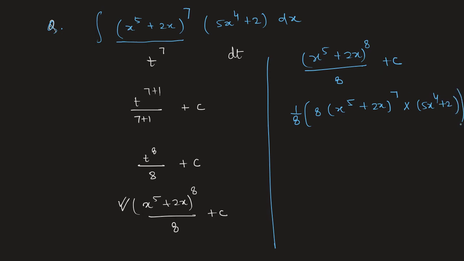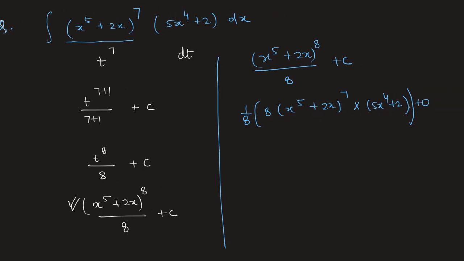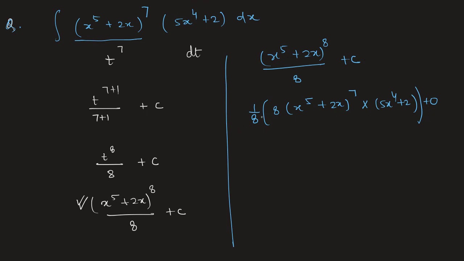Now this is closed and differentiation of a constant is 0. Clear? Now let's simplify this part. 8 and 8 get cancelled. (x to the power 5 plus 2x) whole power 7 multiplied by 5x to the power 4 plus 2. Done. This is same. Clear?